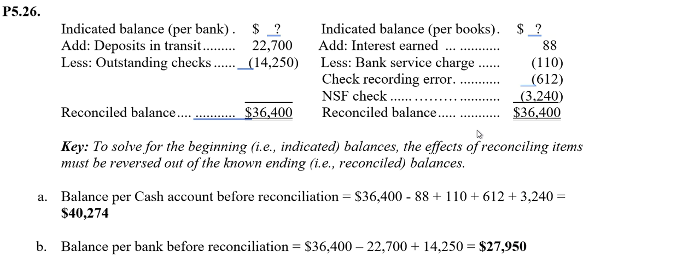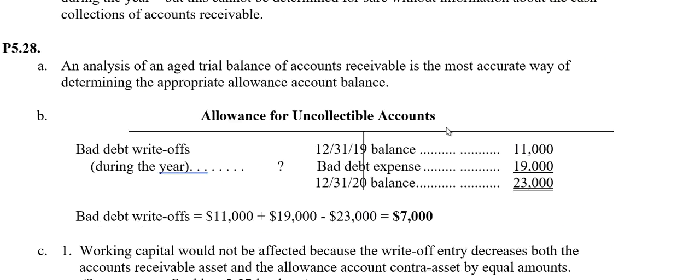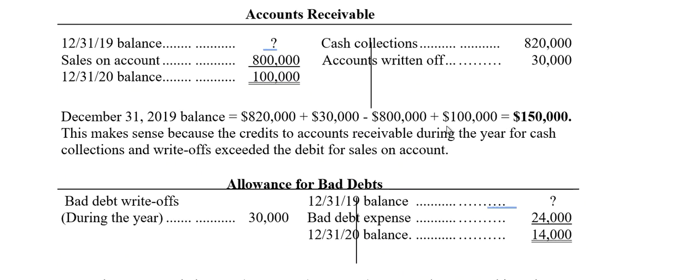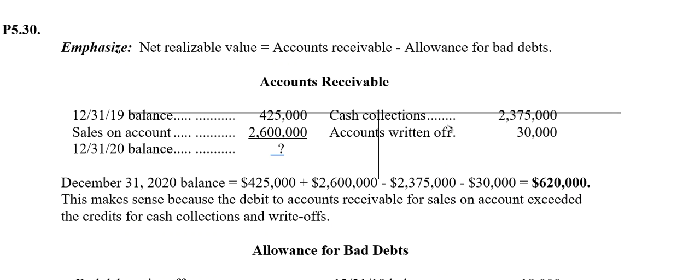Now, I'm going to scroll down to problem number 530. Let's see if we can get to it here. These T accounts are offline just a little bit, but I think we can get the general gist of this. The emphasis here is to understand how accounts receivable operates with the allowance for bad debt.